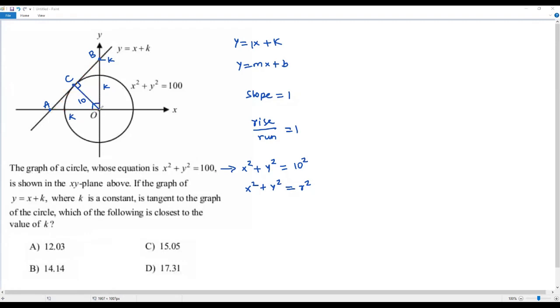Now let me consider this isosceles right triangle, OBC. In this isosceles right triangle, OB represents the hypotenuse because it is opposite to the right angle. And the remaining two legs are BC and OC. They must be equal in length because it's an isosceles right triangle. Already we have the length of this leg OC. The same length we have for this leg BC as well, that is 10.